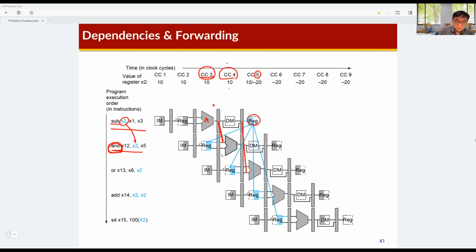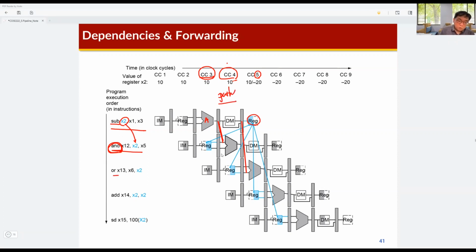We need the path. So we need the forwarding path to this ALU. So we will learn about this forwarding path in this class. Please remember that we require the path for this data forwarding.